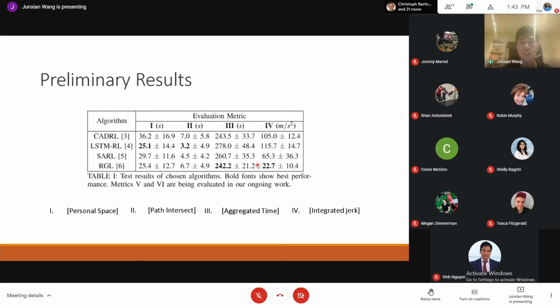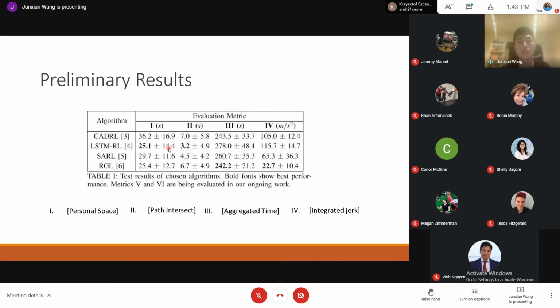From the existing data, RGL, in their original paper, shows better efficiency compared with the three other algorithms. In our test, it also demonstrates that it can take into account other humans' trajectories better because it has a lower aggregated time, and it can also navigate in a smoother path. However, because it has higher efficiency, it means that it's training a more aggressive agent.